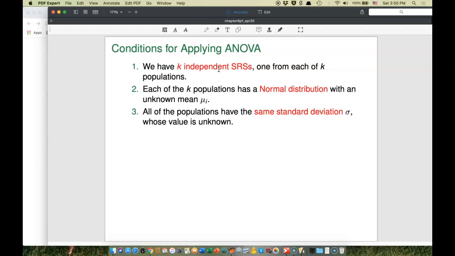If the sample sizes are large, that normality assumption is not nearly as important, because the central limit theorem that we learned about earlier in the course means the sampling distribution of the mean is still going to be normal. But it is a condition that we're thinking about. And third, all the populations have the same standard deviation, which I mentioned, but that's unknown.